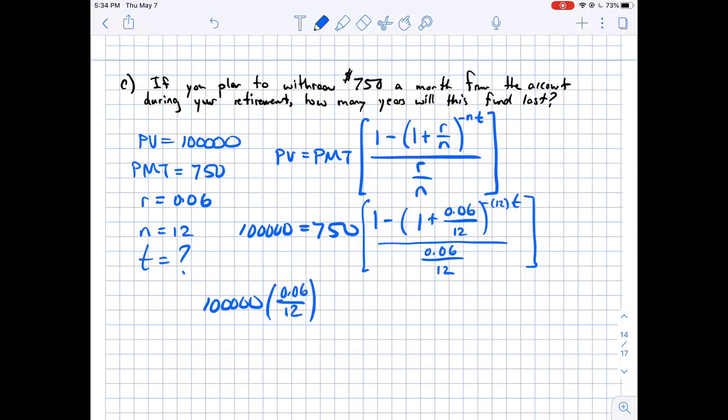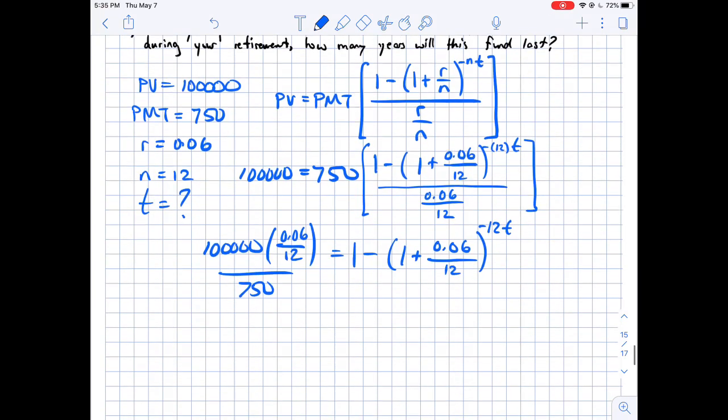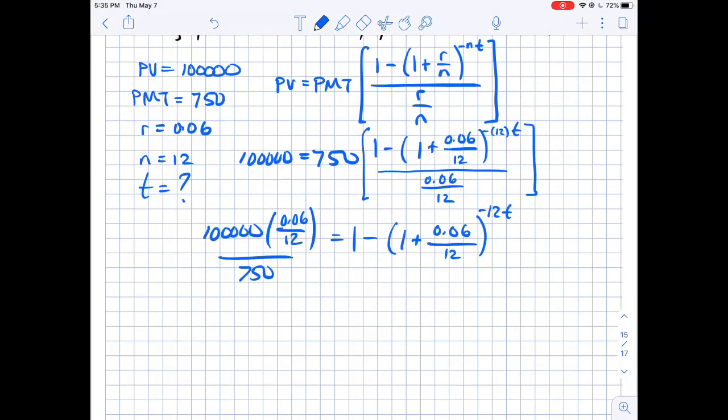And then at the same time, let's divide by 750. So we're going to divide it by 750, and that leaves us on the right-hand side with 1 minus (1 plus 0.06 over 12) to the negative 12t. Okay, so let's work with this. If you simplify the left-hand side, it actually works out rather nicely.